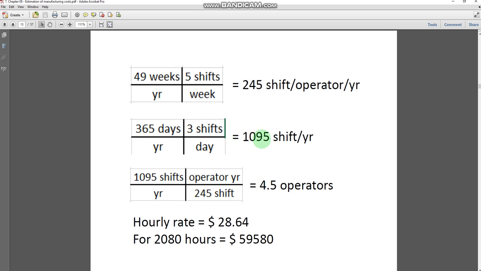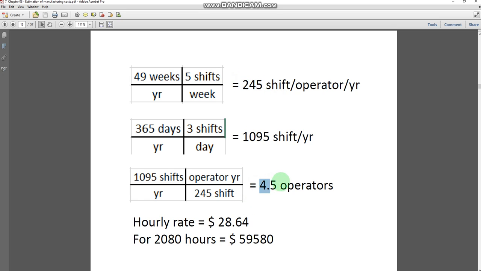There will be 1095 shifts per year, and then you can see how many operators would be required for each shift. Okay, so you can have this equation, 1095 shifts per year, and then you can see how many shifts would be required in one operating year.